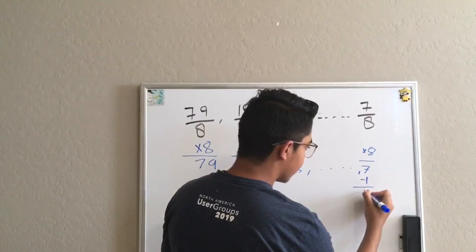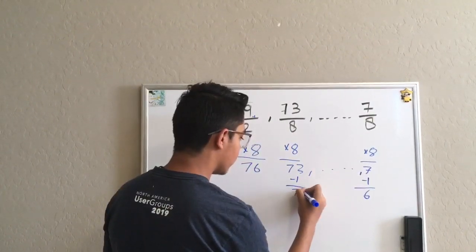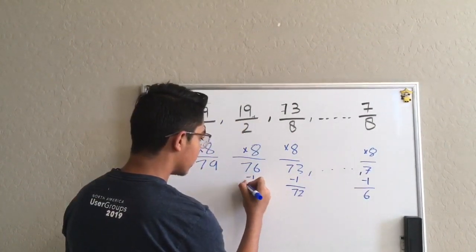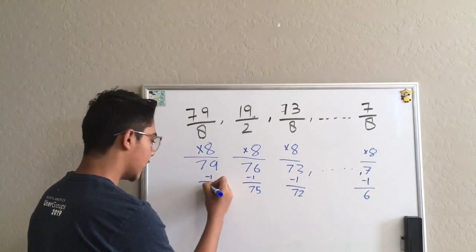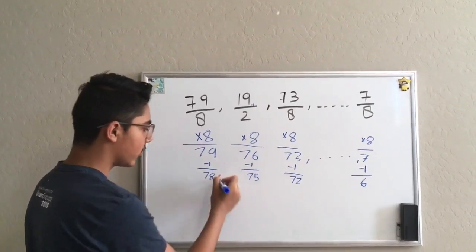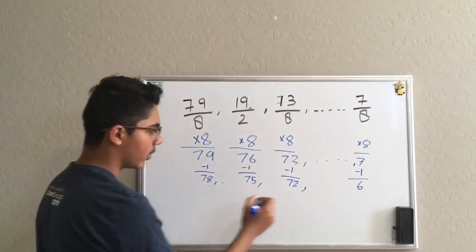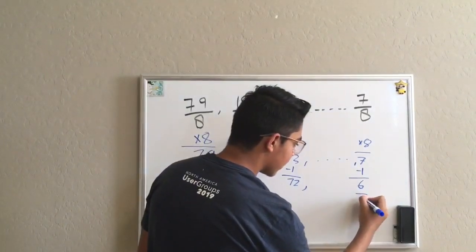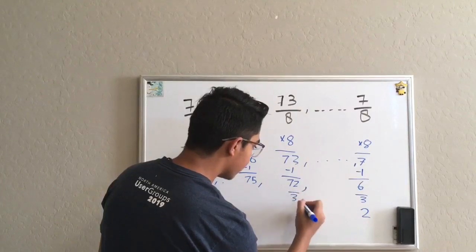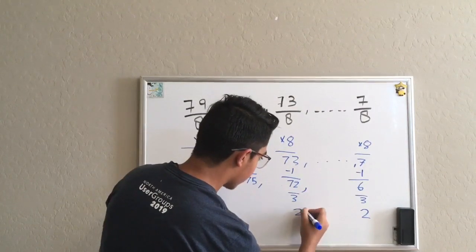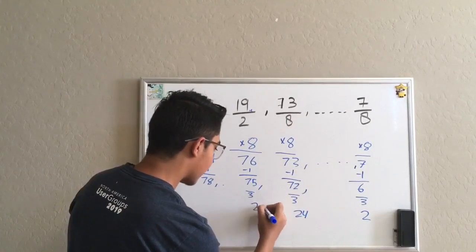7 minus 1 is 6. 73 minus 1 is 72. 76 minus 1 is 75. 79 minus 1 is 78. And these are all multiples of 3. So now we just have to divide them all by 3. 6 divided by 3 is 2. 72 divided by 3 is 24. 75 divided by 3 is 25.